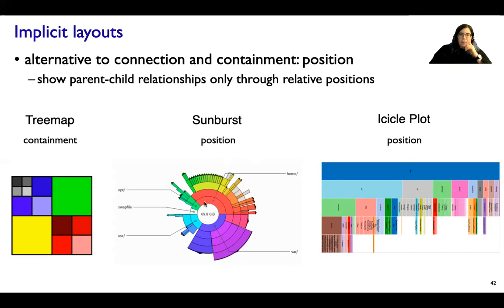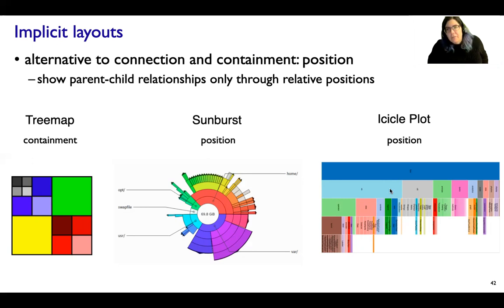Here are a couple of variants of that. Sunburst is a radial view, icicle plot is a rectilinear view. And notice what we're doing with icicle plots: right here is the root, here is the first level, here's the second level, and so on, down to the leaf level. We're not drawing lines to show that. We're not even enclosing things spatially inside of boxes. We're just using spatial position to show those parent-child relationships.